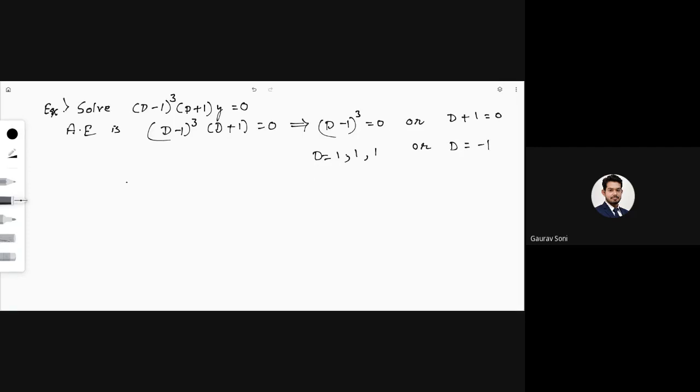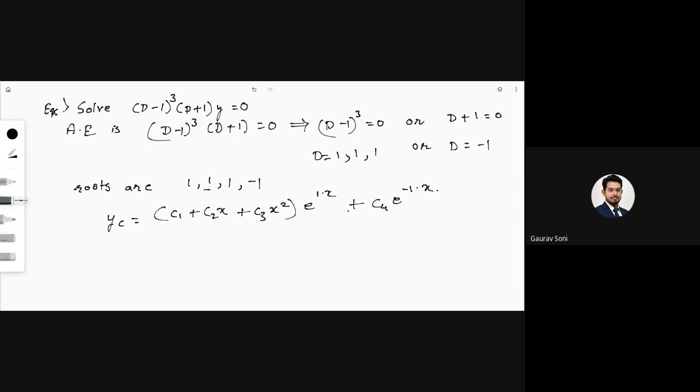So the roots are 1, comma 1, comma 1, comma minus 1. So 1 is repeated how many times? 3 times. So I should have 3 constants. So yc is equal to bracket c1 plus c2x plus c3 x square, this is for the repeated one, e to the power 1 into x, plus c4 e to the power minus 1 into x.